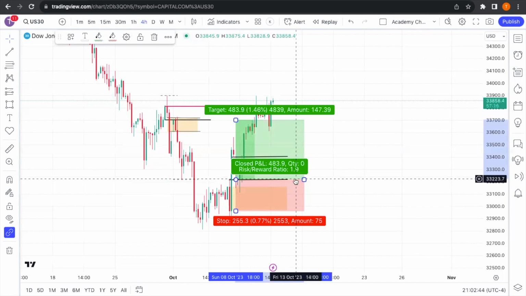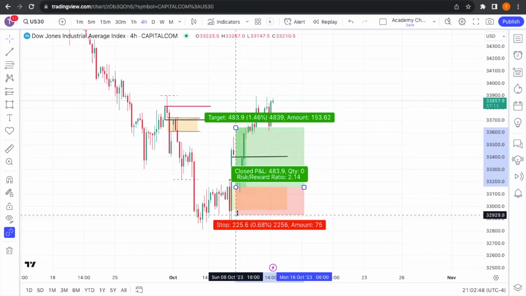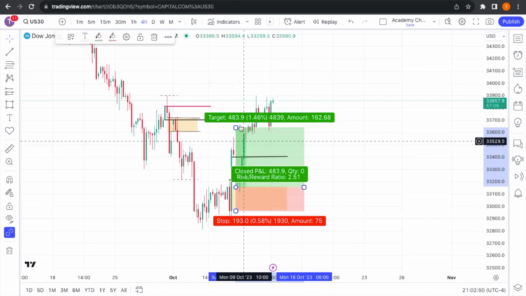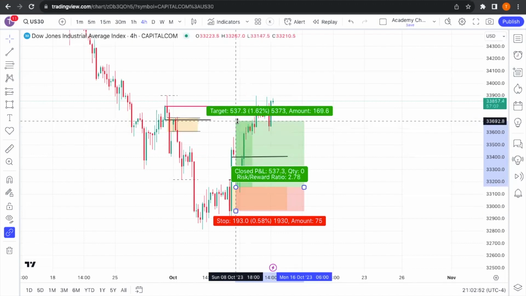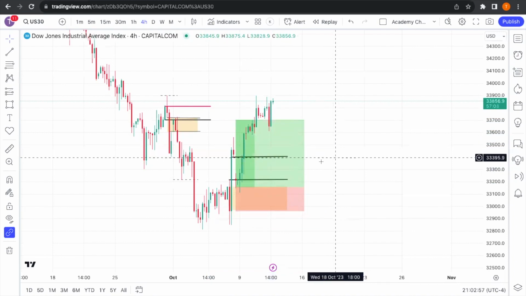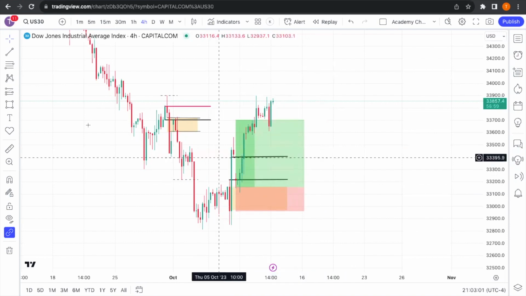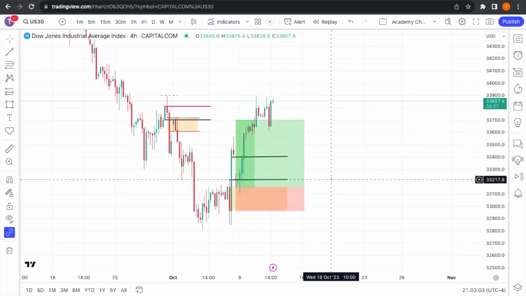If you put your entry here at the body of the order block, you go from a 1.9 to a 2.8, almost an entire extra trade in there, just from moving your entry from here to here.